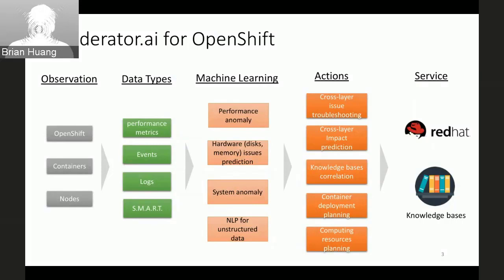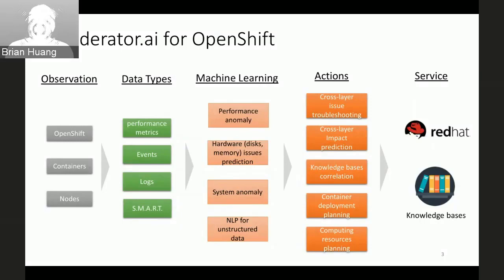After Federated AI has all this information, it conducts performance anomaly detection based on a deep neural network, and hardware issue prediction is also based on a deep neural network, basically a time series deep neural network algorithm. Then we also use machine learning to tell the user if a system operates correctly, not only about hardware issues but also OS level issues.